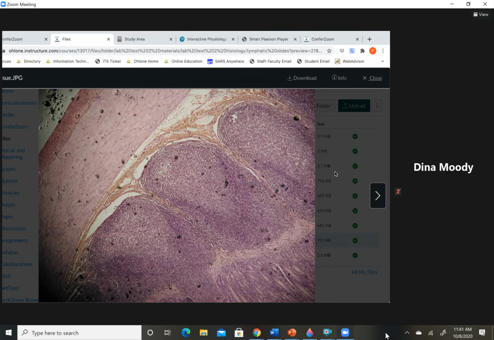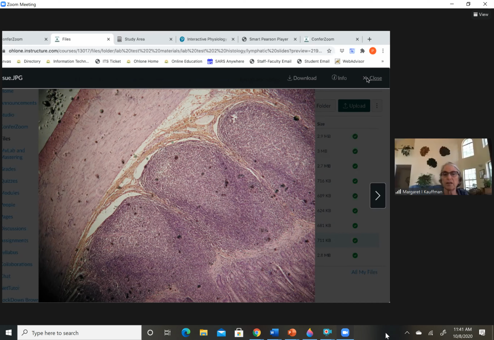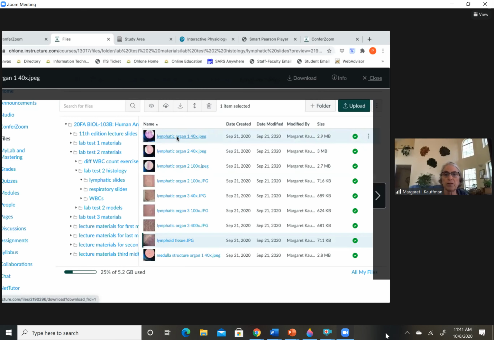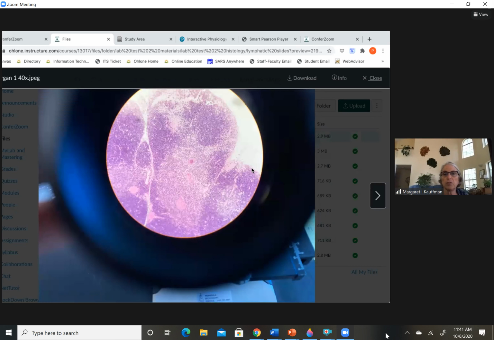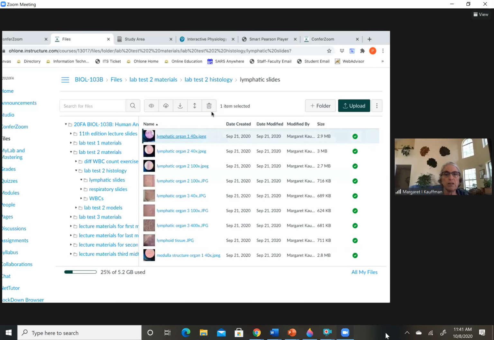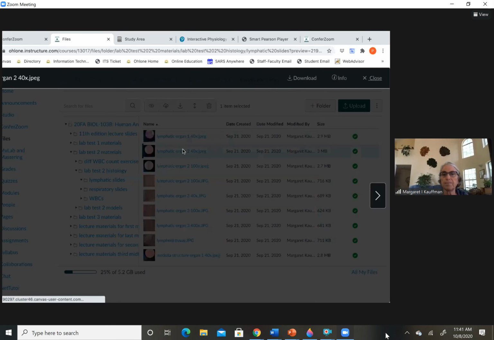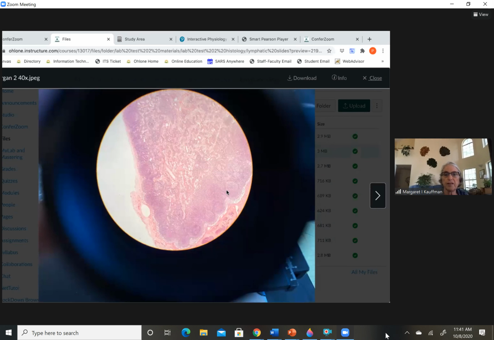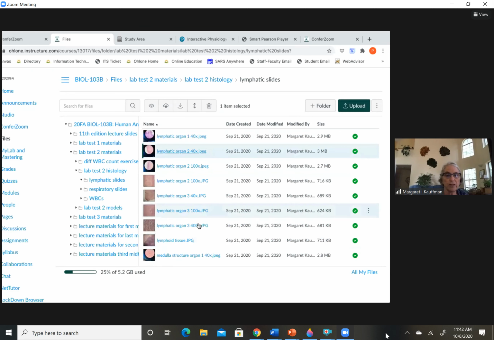Same with if we go back to the lymph node. Each one of these bumps is called a follicle again, or a nodule, about equally. They're synonyms for each other.